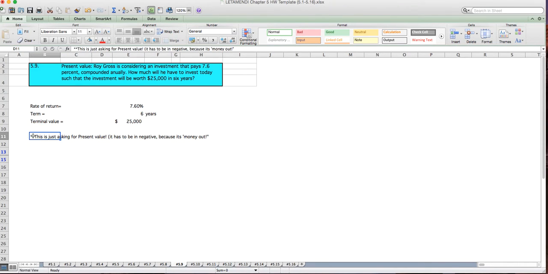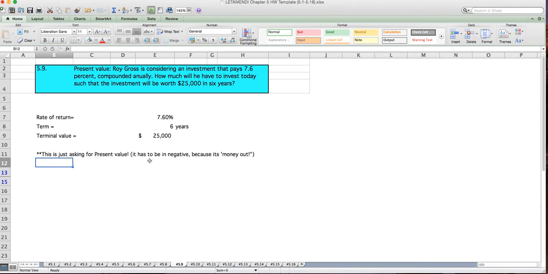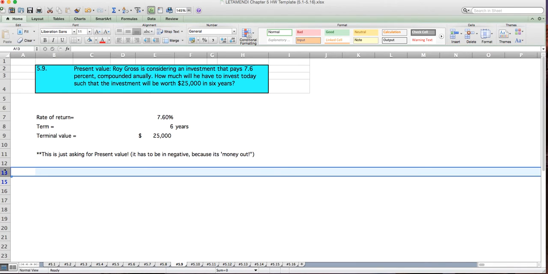So I put a note here that we're going to deal with a negative somewhere because this is money out. So we're saying how much money does Roy have to be out of today in order to make this 25K in 6 years.